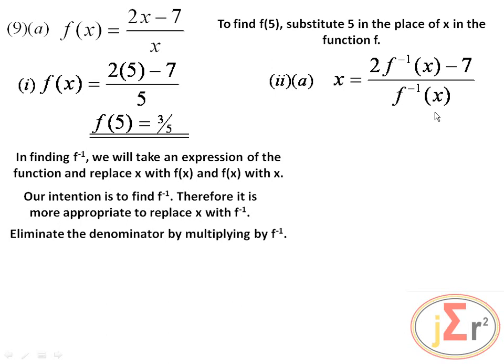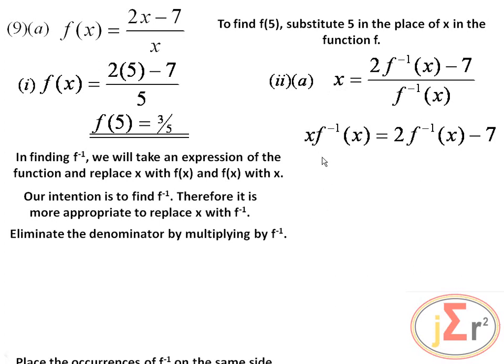We are dividing by f inverse of x on the right hand side. We usually flatten an expression if we are transposing formulae. We flatten the expression as a first step, and that is always a very good first step, by multiplying by the denominator. So we'll have x being multiplied by f inverse of x on the left hand side.